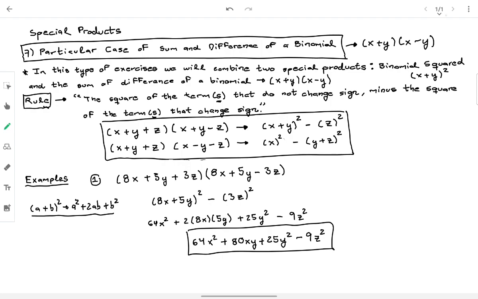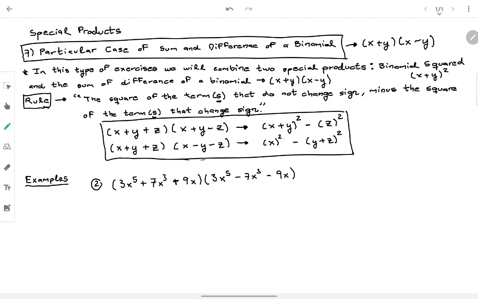So let's see the second example. The second example is going to be something like this. Two trinomials. Remember, the rule says we need to take those that do not change sign squared, minus those that change sign squared. So it will be 3x to the fifth squared, which is the one that doesn't change sign, minus those that change sign: 7x cubed plus 9x squared.